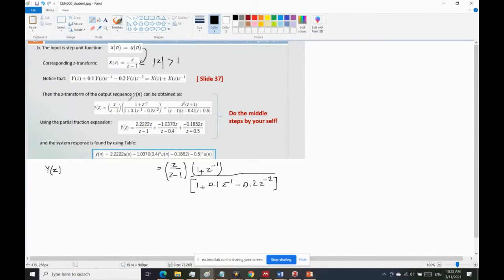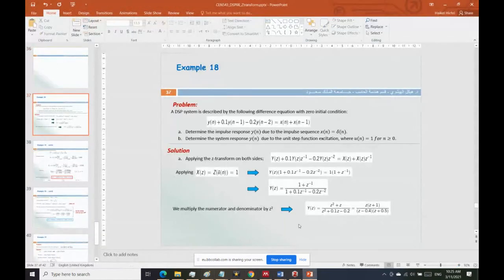Okay, so we got this result. Now we do algebra. We finally get this result, because this part we already calculated in part A. Not the part, the important thing is the denominator itself. It is the same denominator, and you can factor it as z minus 0.4 times z plus 0.5.